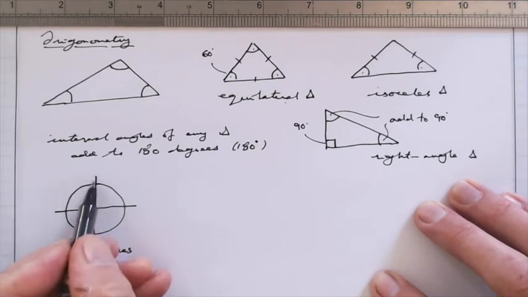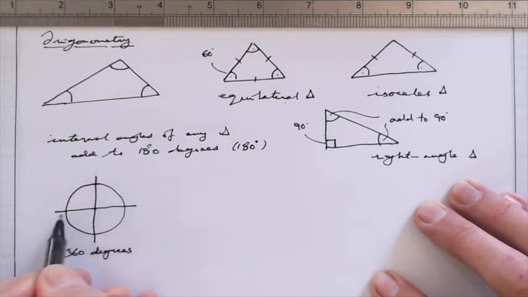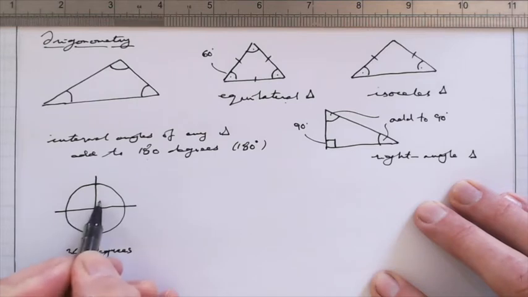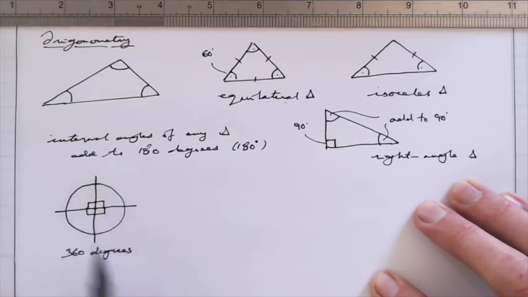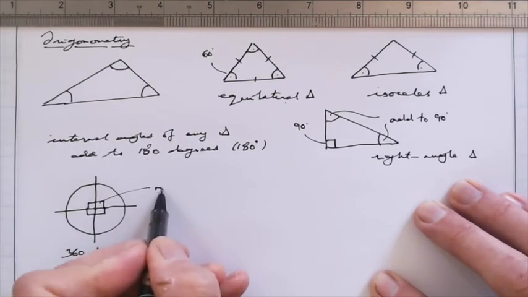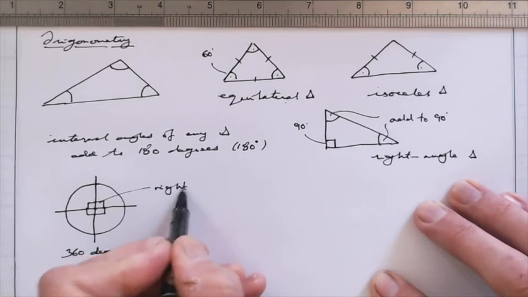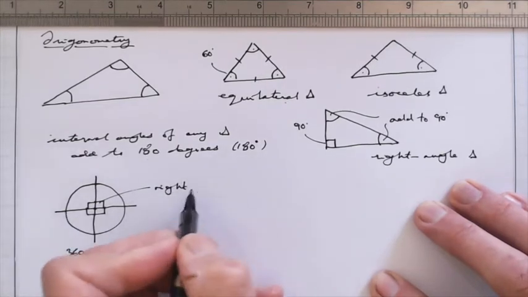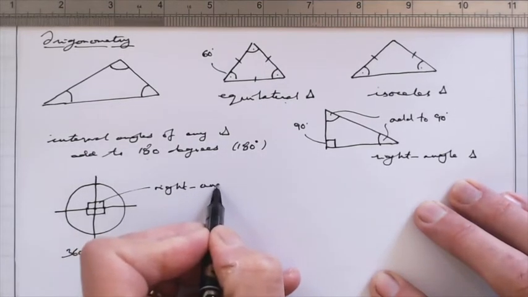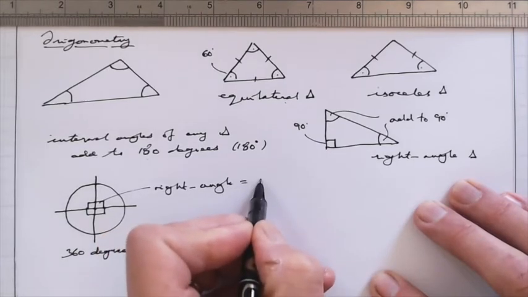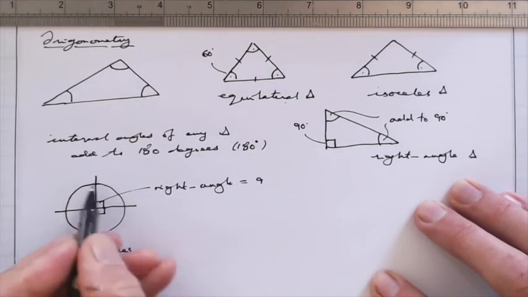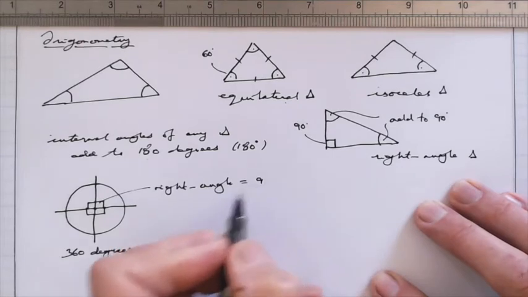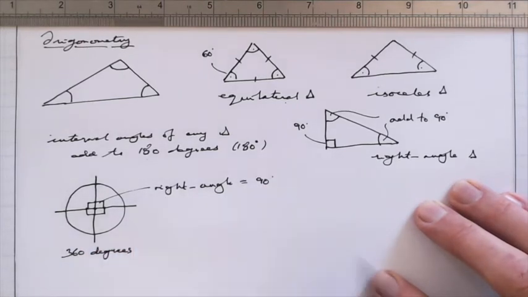And by drawing these two lines at right angles through the center of the circle, we see that we have 4 right angles. So this already tells us that a right angle, by which we mean the angle between two perpendicular lines, is 90 degrees, because 4 of them fit into a circle. So a right angle is 90 degrees.